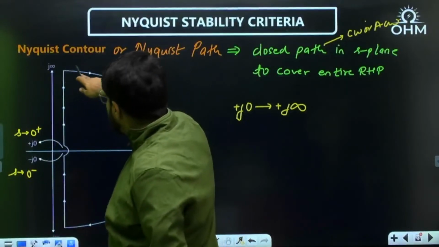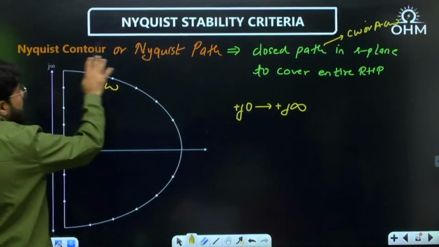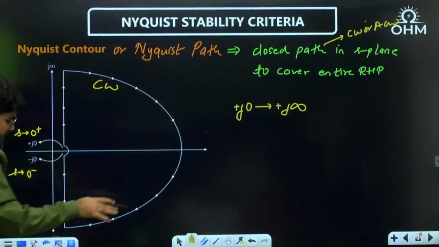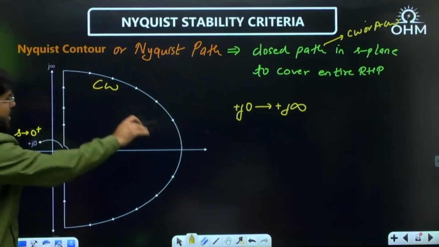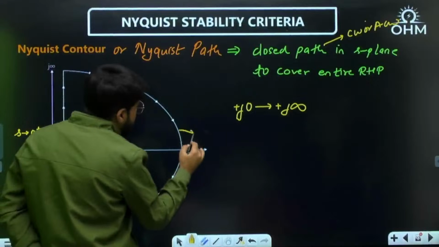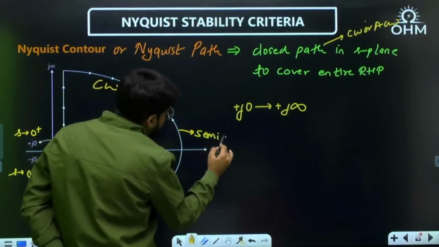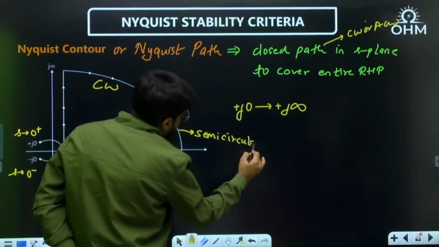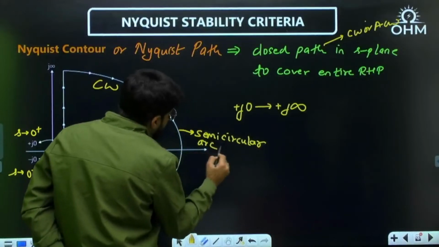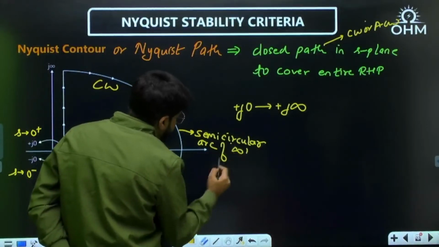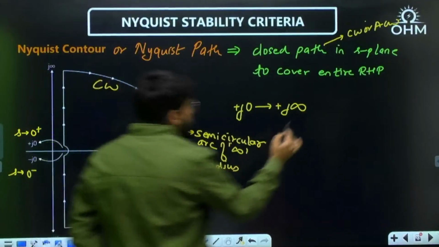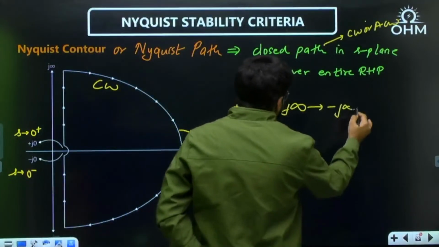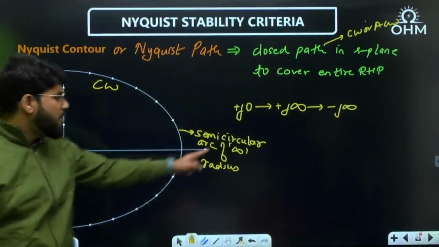Then from plus j infinity, taking a semicircular arc of infinite radius, I reach minus j infinity.